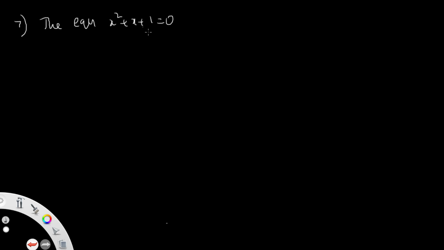Similarly, we take x square plus x plus 1 equal to 0, which has the roots omega and omega square. Let us see what explanation we have to take. What are the roots omega and omega square? The equation is x square plus x plus 1 equal to 0.